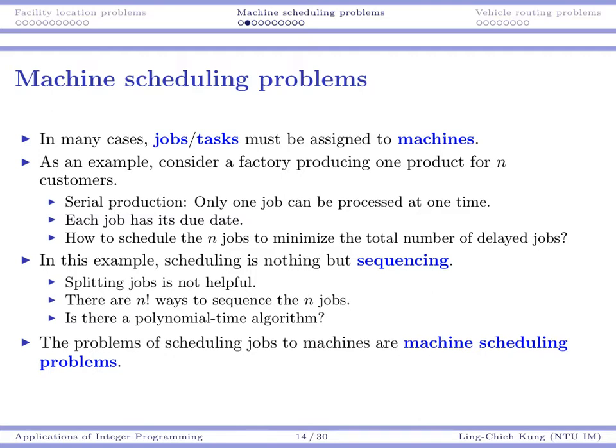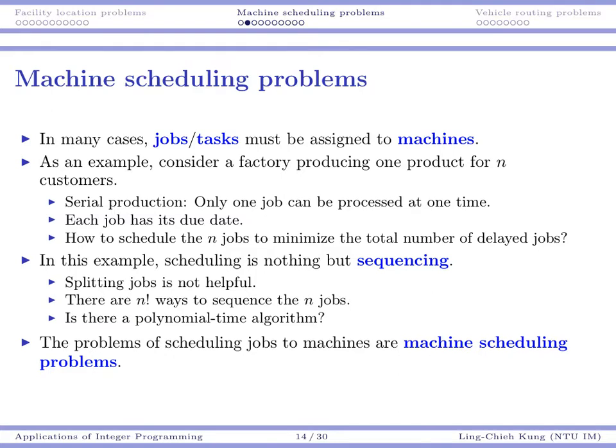Otherwise, you should simply work on another job instead of working on this for a few moments and then working on that for a few minutes without completing anything. That's not useful. So once job splitting is not helpful, the total possible ways to schedule your n jobs is just n factorial. So at least one way to solve this problem is to try all those n factorial ways to see which one is the best.